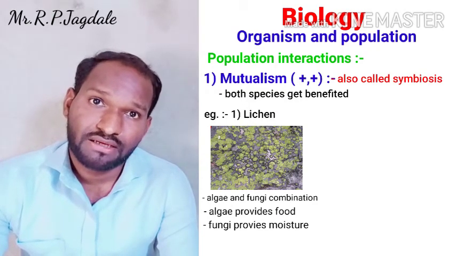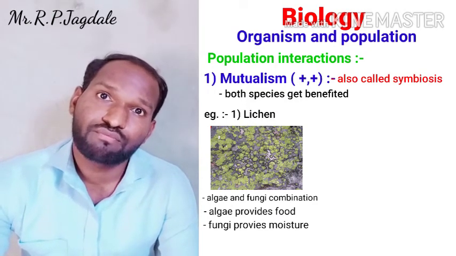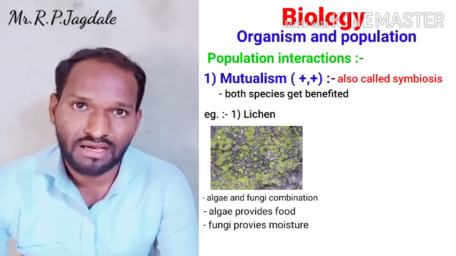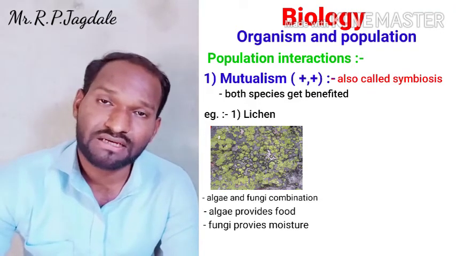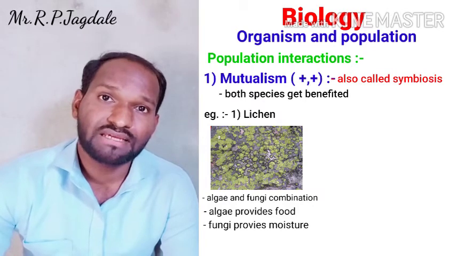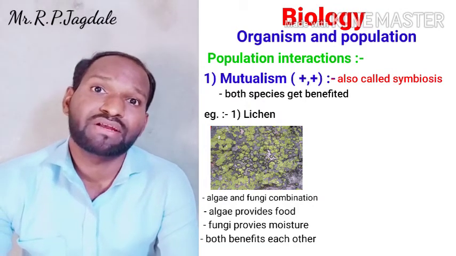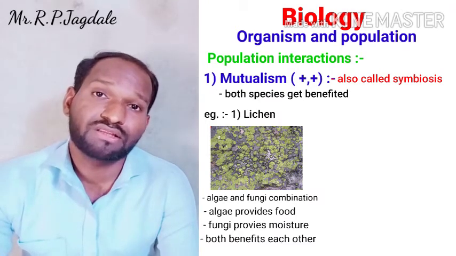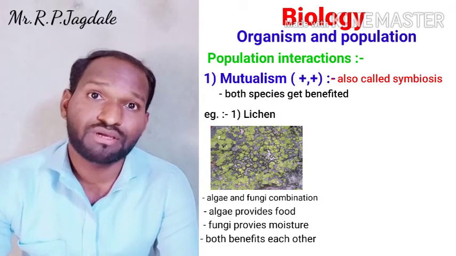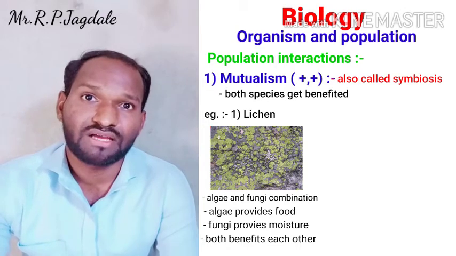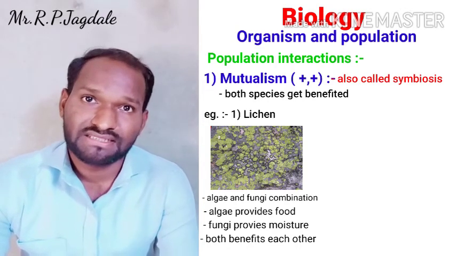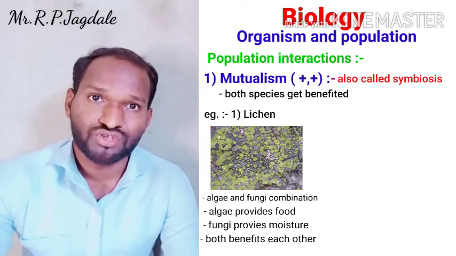So it is beneficial from both sides: algae gives food to the fungi, and fungi gives moisture to the algae. Both are dependent on each other. When both are working, they benefit each other and can survive. In the case of lichens, it is the best example of mutualism.